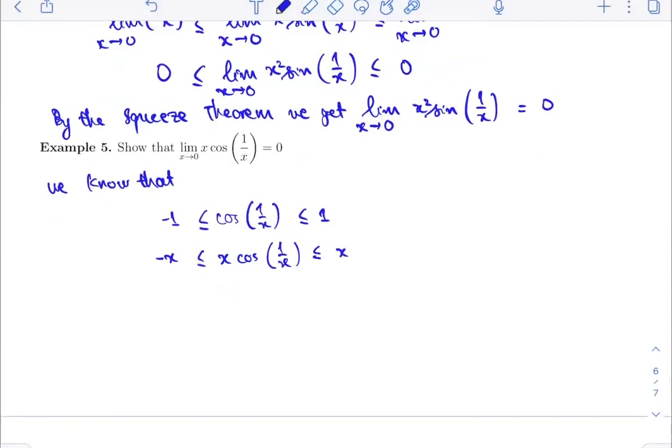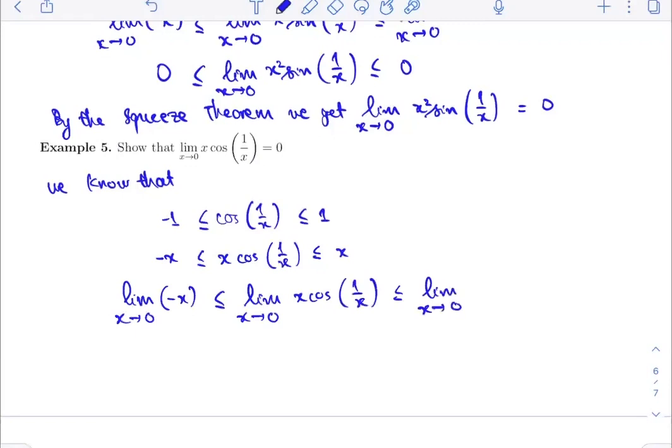Now, to find the limit, you take the limit as x approaches 0 for every term in the inequality. This will give me the limit of -x as x approaches 0 less than or equal to the limit as x approaches 0 of x times cosine of 1 over x less than or equal to the limit as x approaches 0 of x.